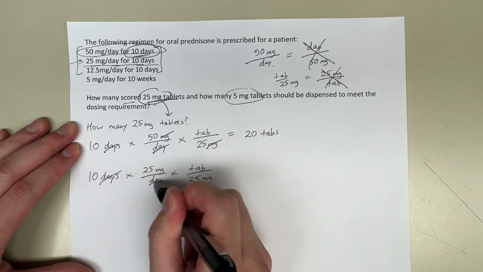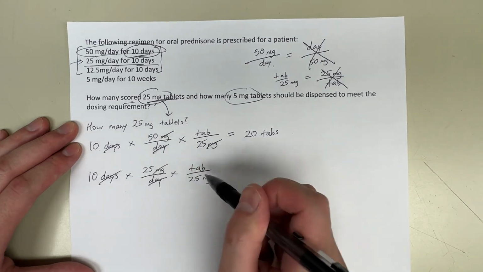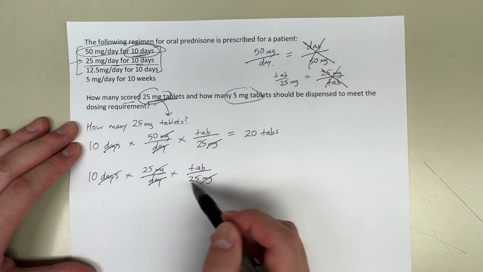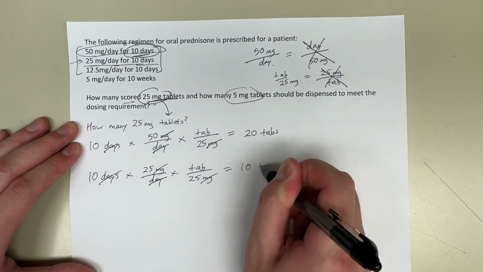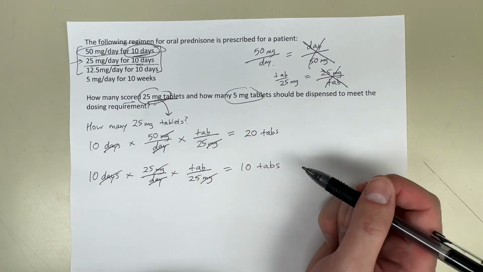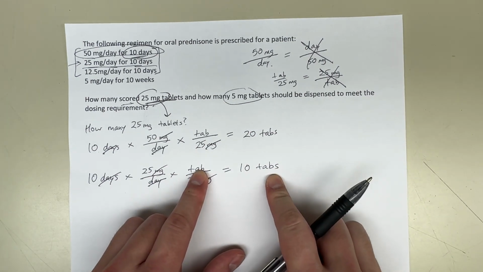So days cancel out days, milligrams cancel out milligrams. When I solve for this, 10 times 25 divided by 25, that equals 10 tablets. I'm using the units that are not crossed out to get my final answer.